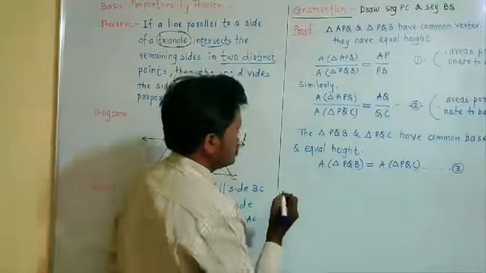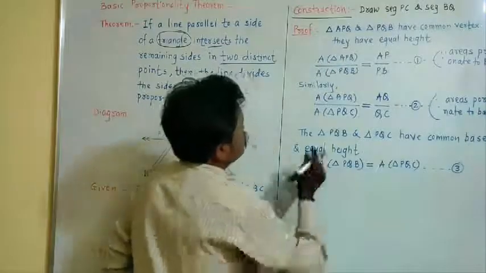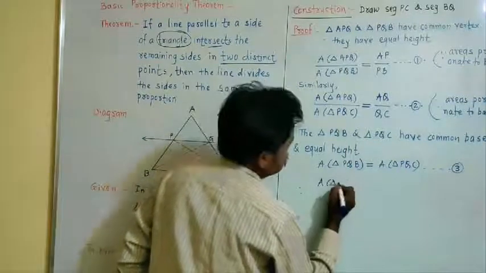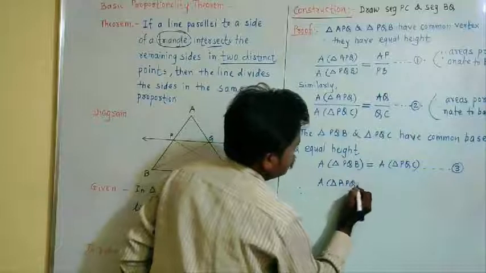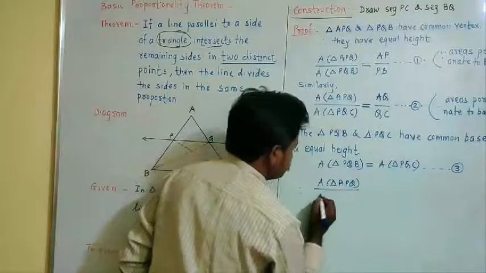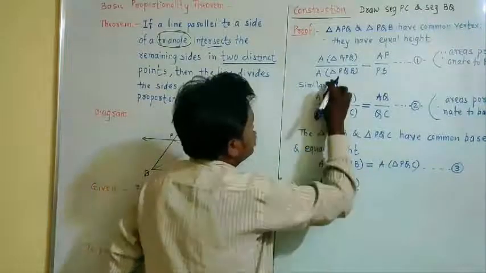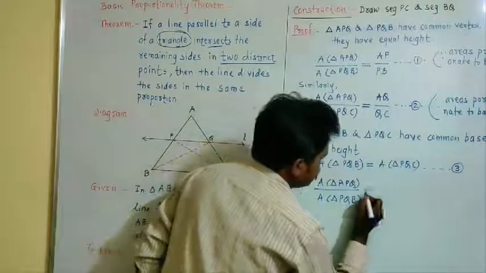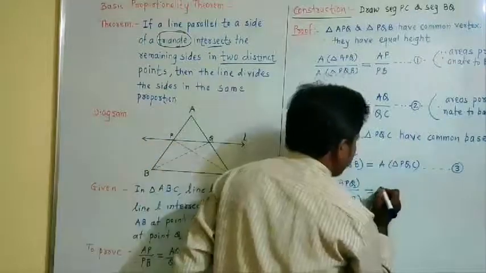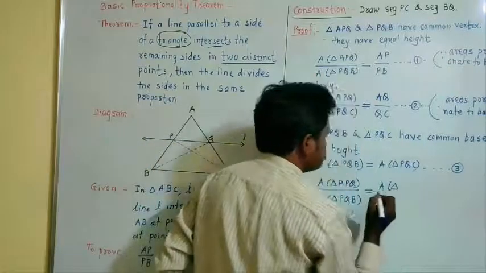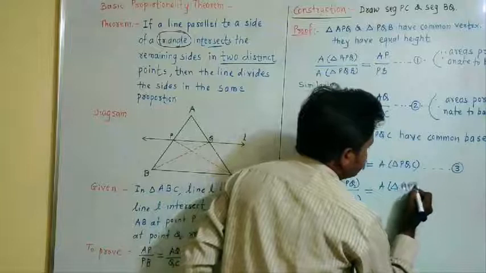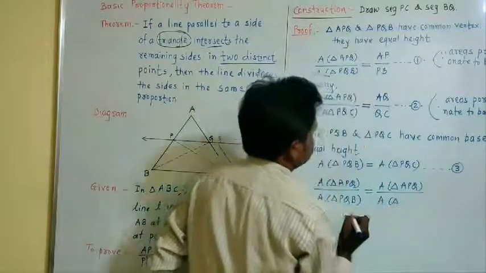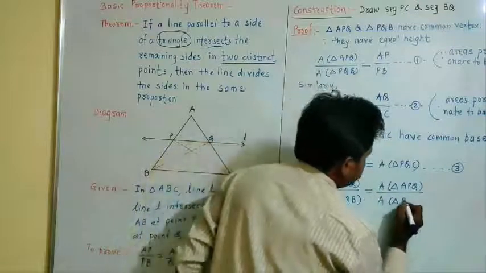So I write here, sir. Therefore, area of triangle APQ upon area of triangle PQB is equal to area of triangle APQ upon area of triangle PQC.